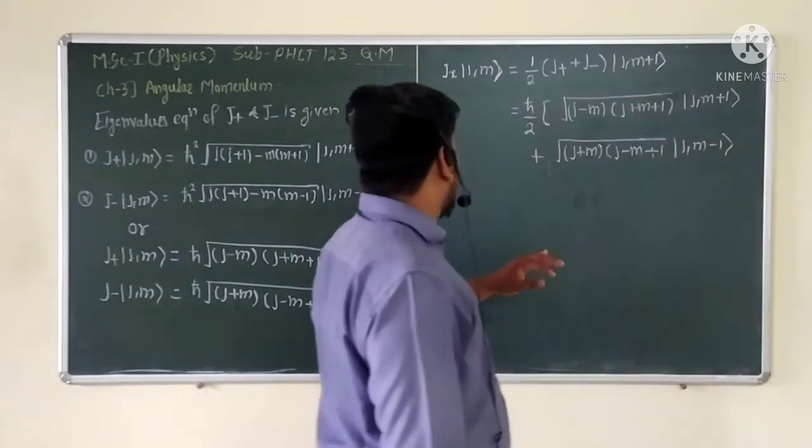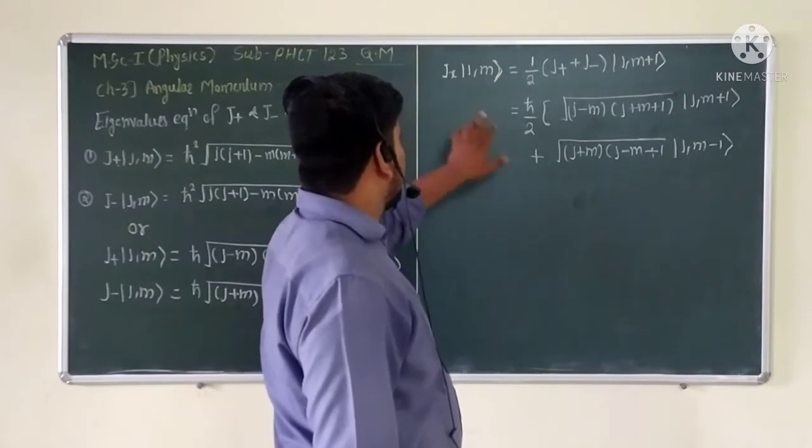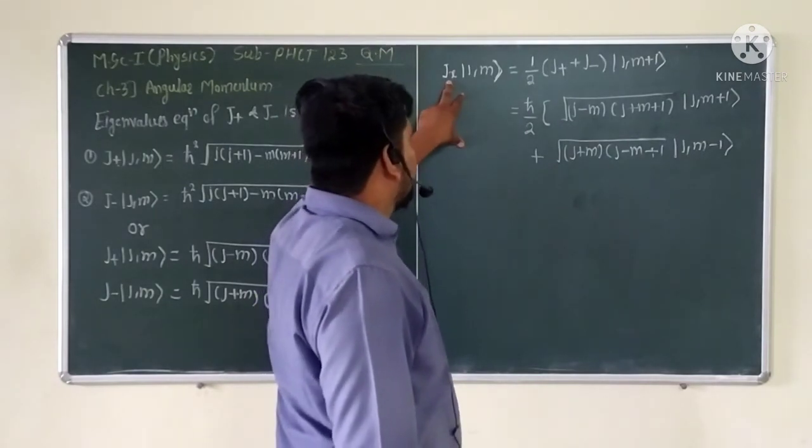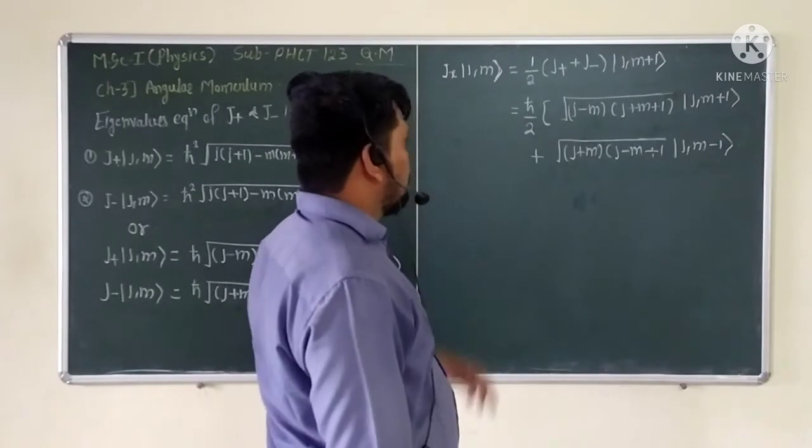So this is the Jx eigenvalue equation, and then we write down Jy.